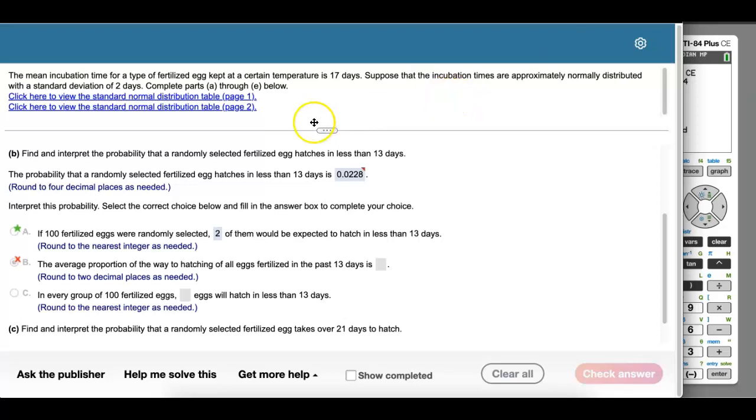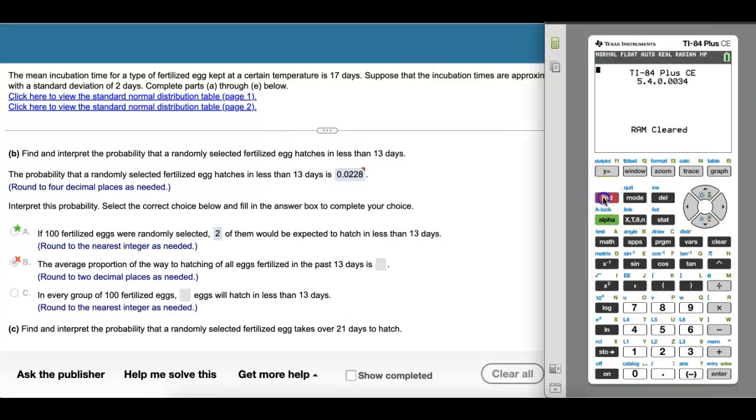So where it asks us to find and interpret the probability that a randomly selected fertilized egg hatches in less than 13 days, I can turn to my calculator, go to the distribution menu, that's underneath second vars. Again, this is a normal distribution, and I want to do a cumulative, the cumulative option, so CDF.